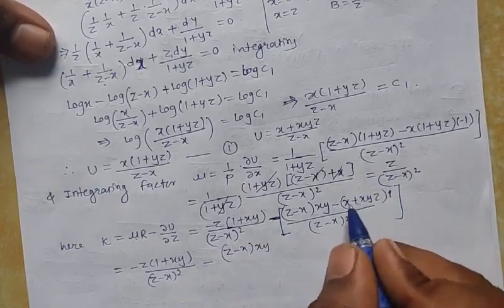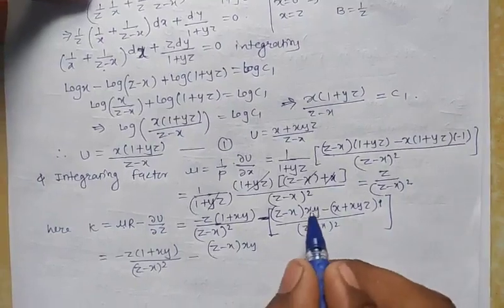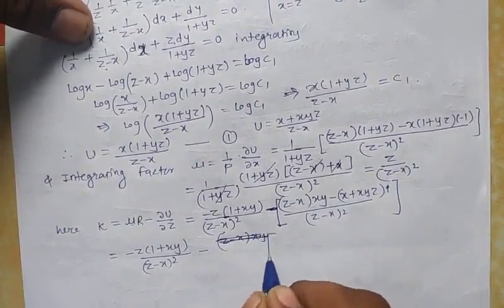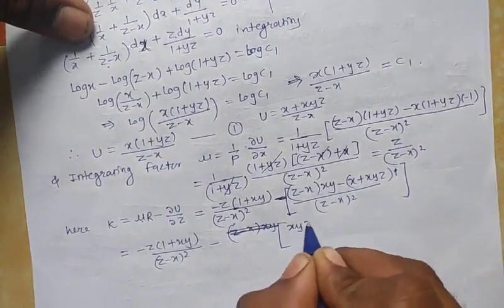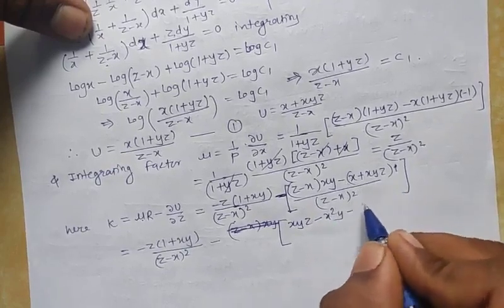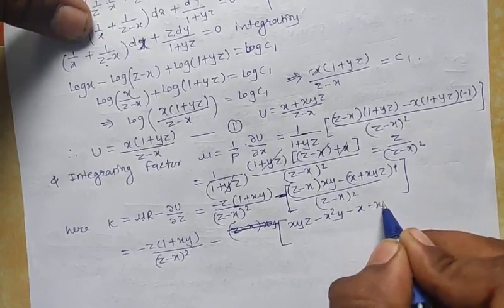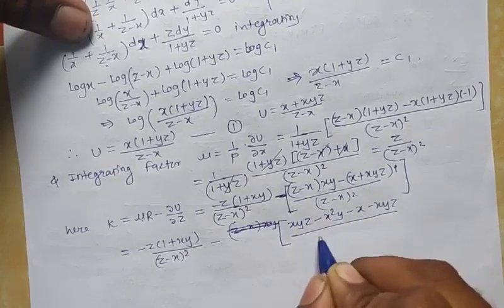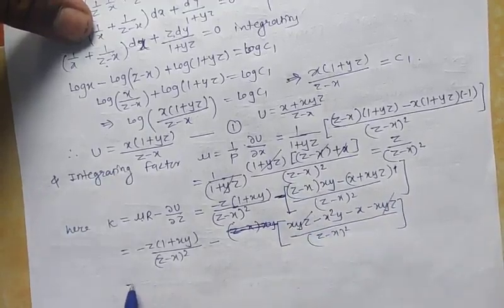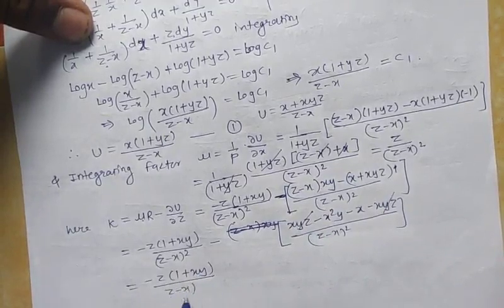After taking x as common, we multiply this xy inside the bracket, so we can write xyz minus x square y, next minus x minus xyz, upon z minus x bracket square. So the plus and minus get cancelled, and we get minus z into 1 plus xy upon z minus x bracket square.